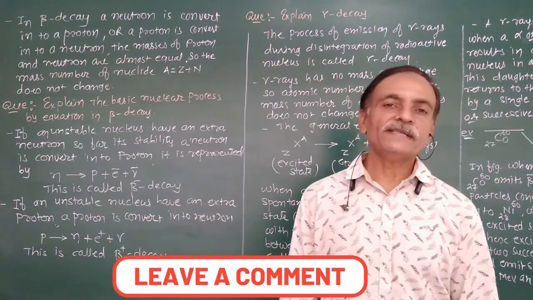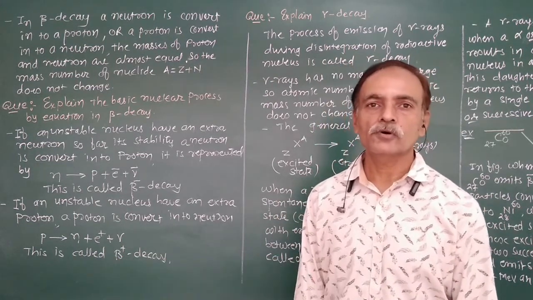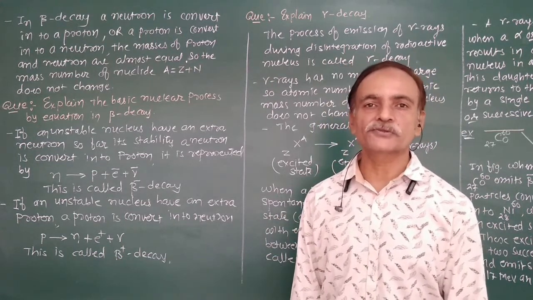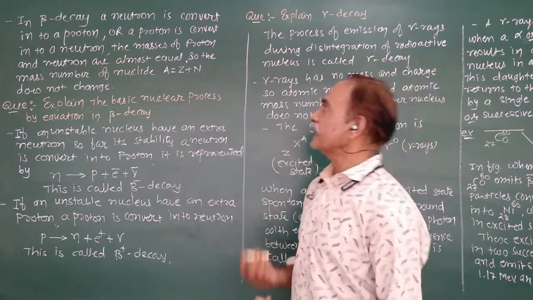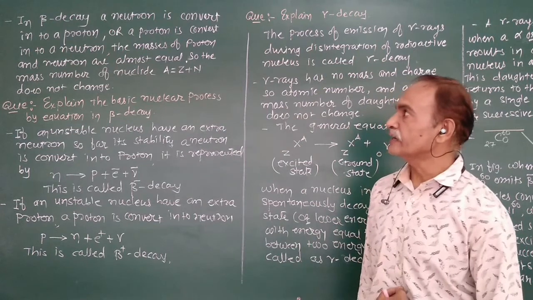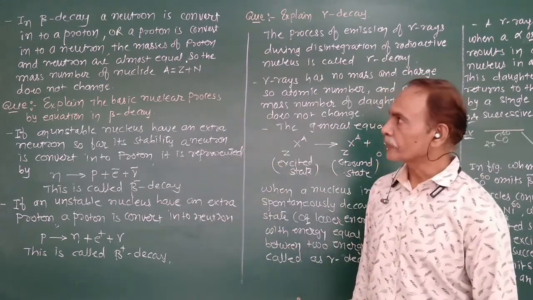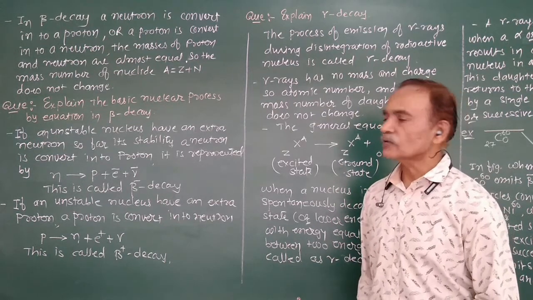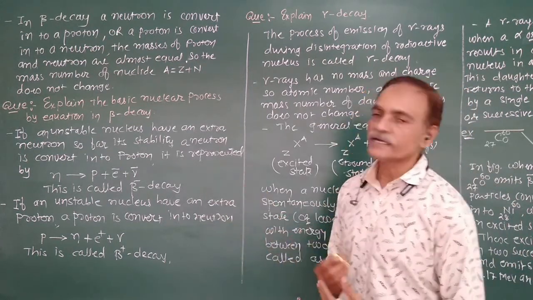Now, during the beta decay process, in which circumstances is an electron emitted, and in which circumstances is a positron emitted, right? Okay. In beta decay, a neutron is converted into a proton, or a proton is converted into a neutron. The masses of the proton and neutron are equal, right?